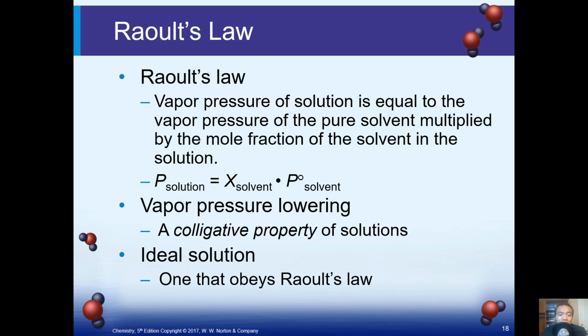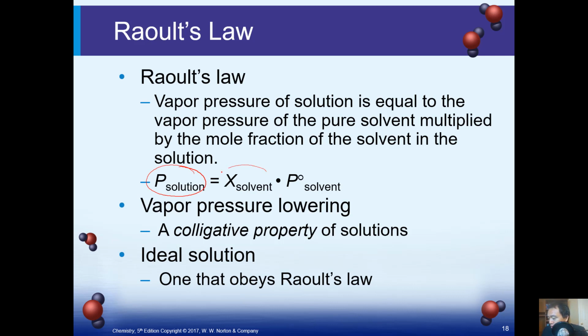Qualitatively, if we add a non-volatile solute, for example, table salt, into pure water or other solvents, the resulting solution will have a smaller vapor pressure. This can be calculated according to Raoult's law. The resulting solution will have a vapor pressure indicated as P solution.